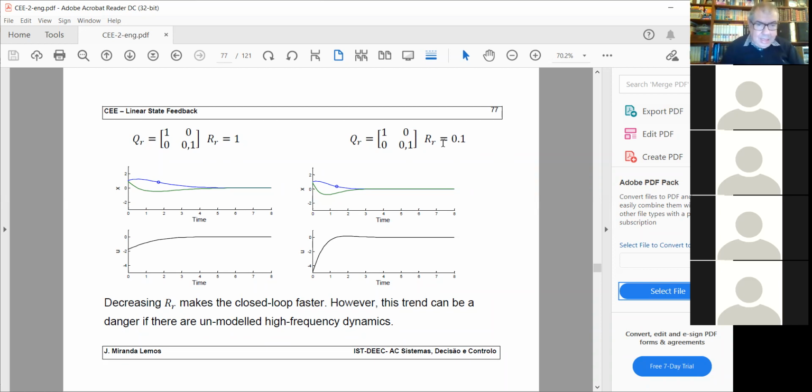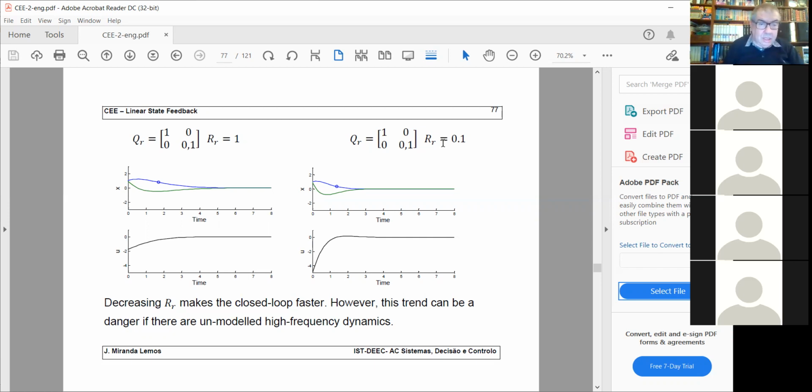Okay? Now, usually you think that getting a fast response is a good thing. But don't forget that your system is not exactly equal to your model. So you can have high frequency dynamics. When you start making your system too fast, you start exciting this model dynamics, and you can destabilize your system.